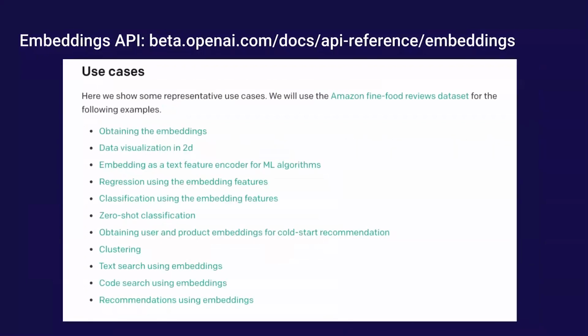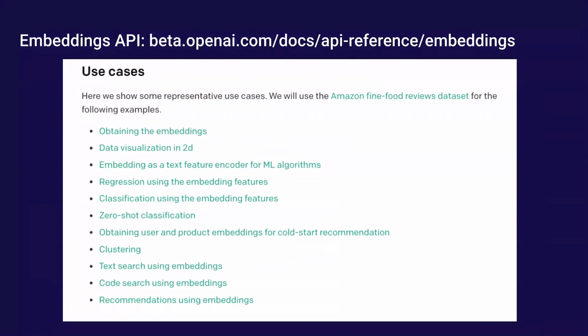And embeddings are useful for many tasks. So you could do things like data visualization. You can use them as features in regression or classification tasks. You can do zero-shot classification, which is one of the cool things that came out from our models, where even without annotating data for your particular task, you can start getting pretty good classification performance.